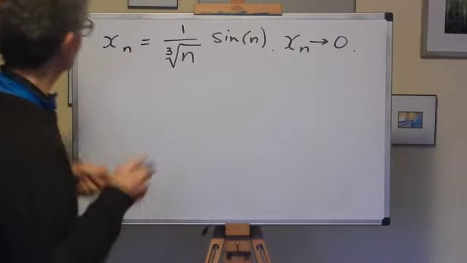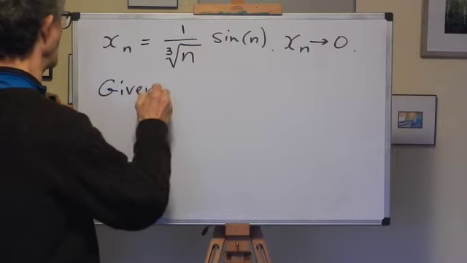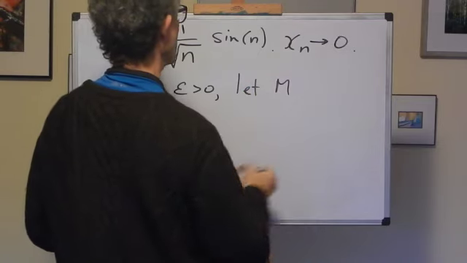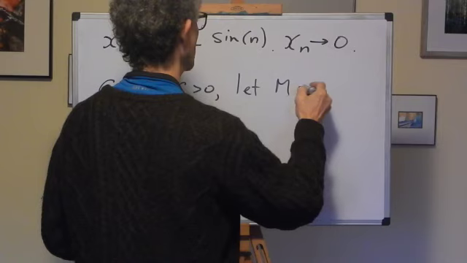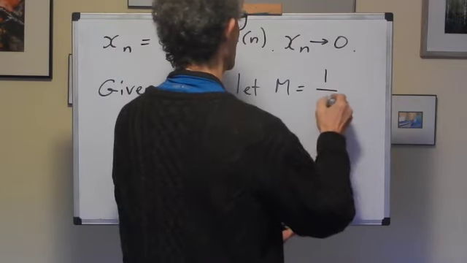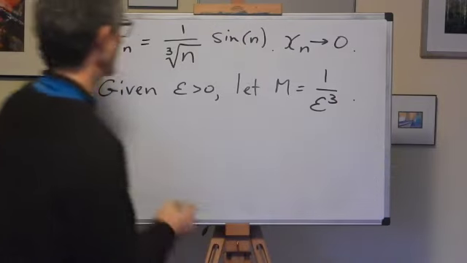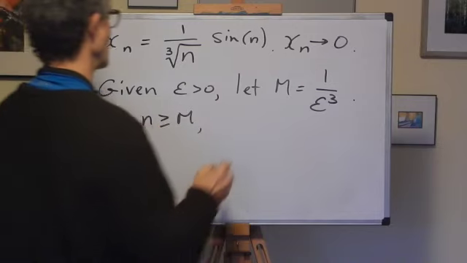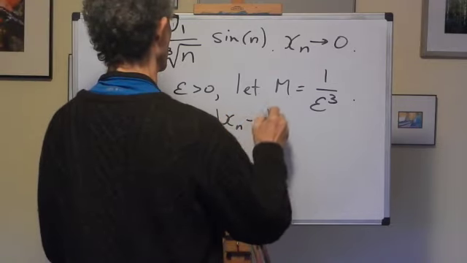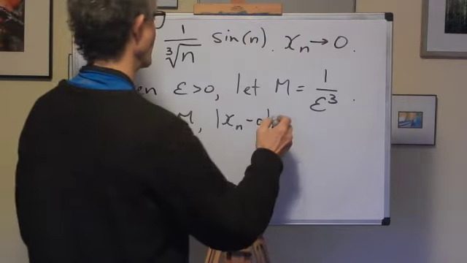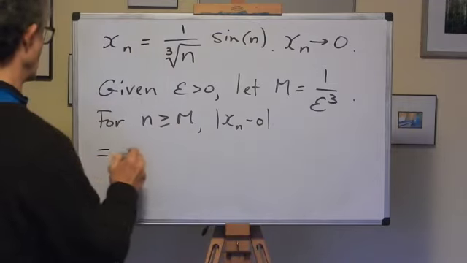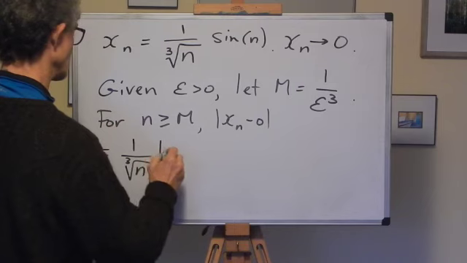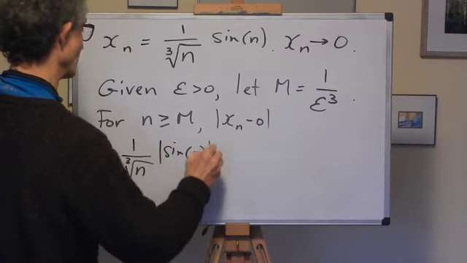So let's do that. Given epsilon bigger than 0, let m equal 1 over epsilon cubed. For n bigger than or equal to m, xn minus 0 is equal to 1 over the cube root of n times the absolute value of sine of n.